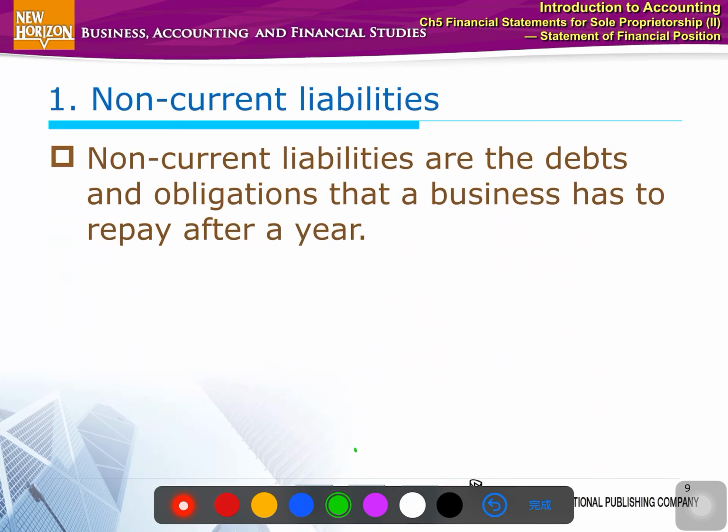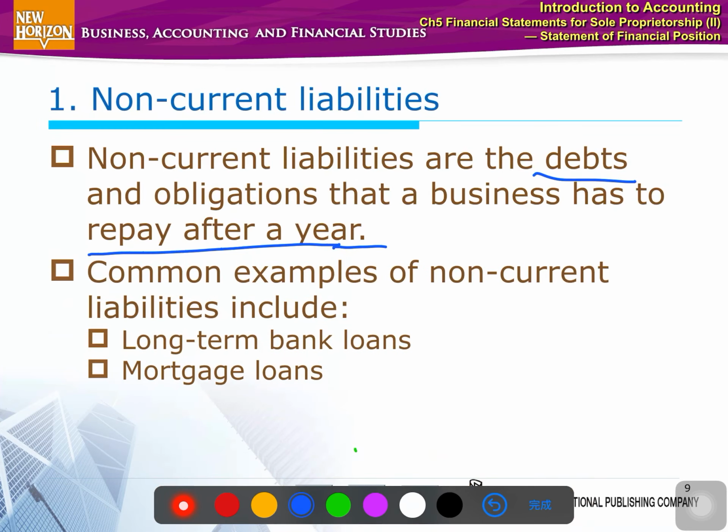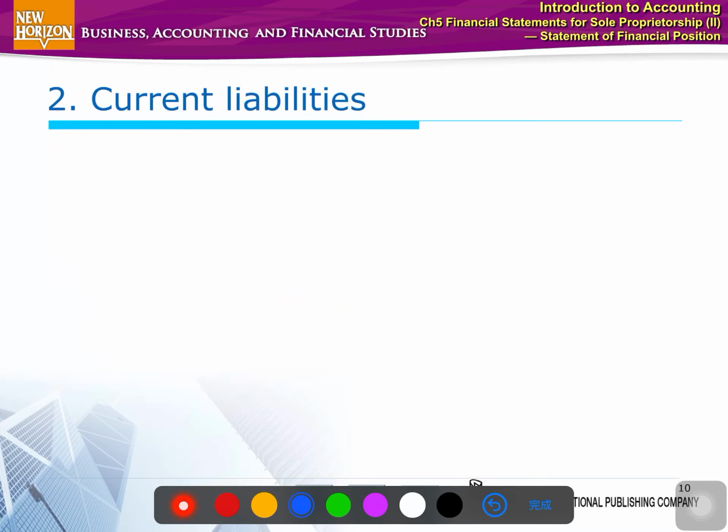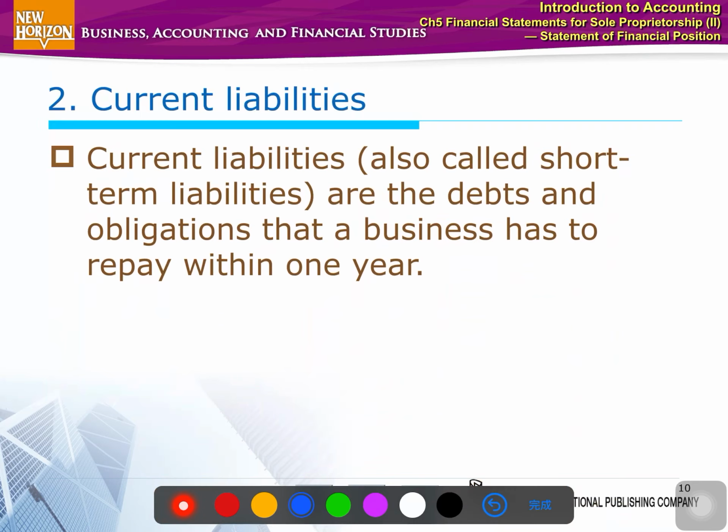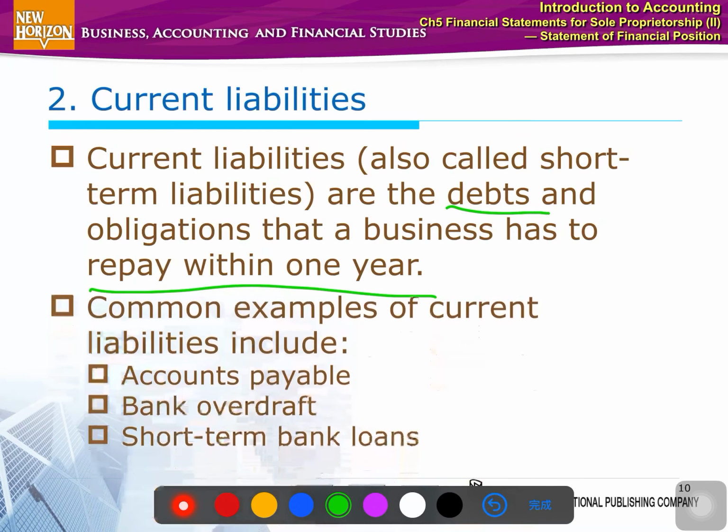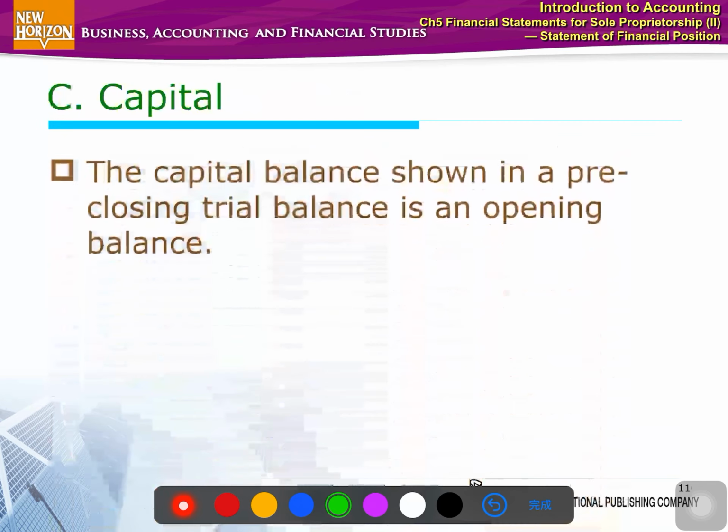Examples of non-current liabilities are a long-term bank loan and mortgage loan. We cannot pay them within 1 year; we have to pay more than 1 year. Current liabilities are debts that have to be paid within 1 year, and account payable, bank overdraft, and short-term bank loans are examples.